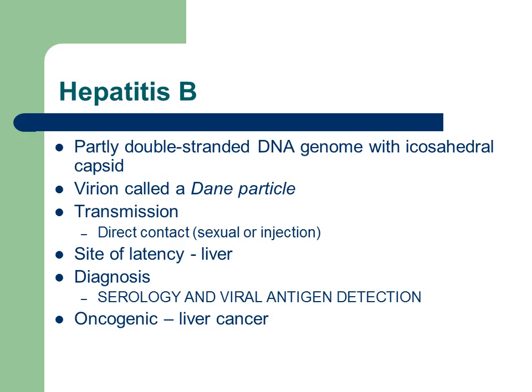That's something that's worth memorizing. Dane particle in hepatitis B. Now, the site of latency of hepatitis B is the liver, of course. It's a hepatitis virus. Diagnosed through serology as well as viral antigen detection. And the thing about hepatitis B is it has been highly linked to causing liver cancer.